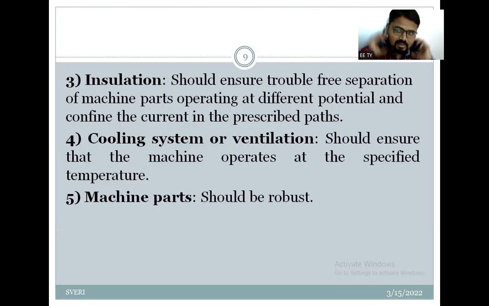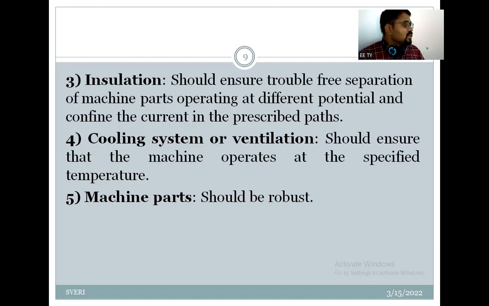See, whichever electrical machine you take, if even a little insulation breaks, there may be chances that it will damage the whole machine. So whenever manufacturing a transformer, for example, I don't know whether you have seen it or not, a lot of care is taken for the insulation, because a transformer is a big device.